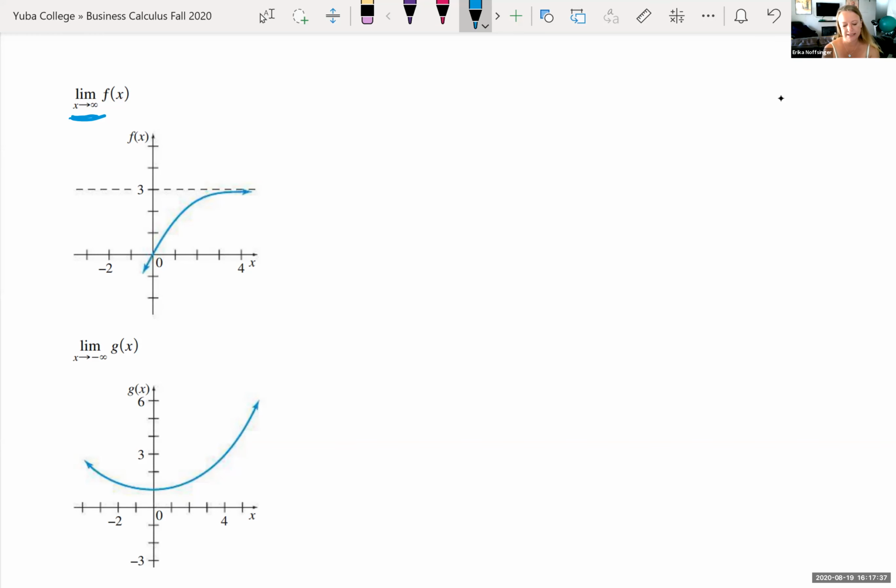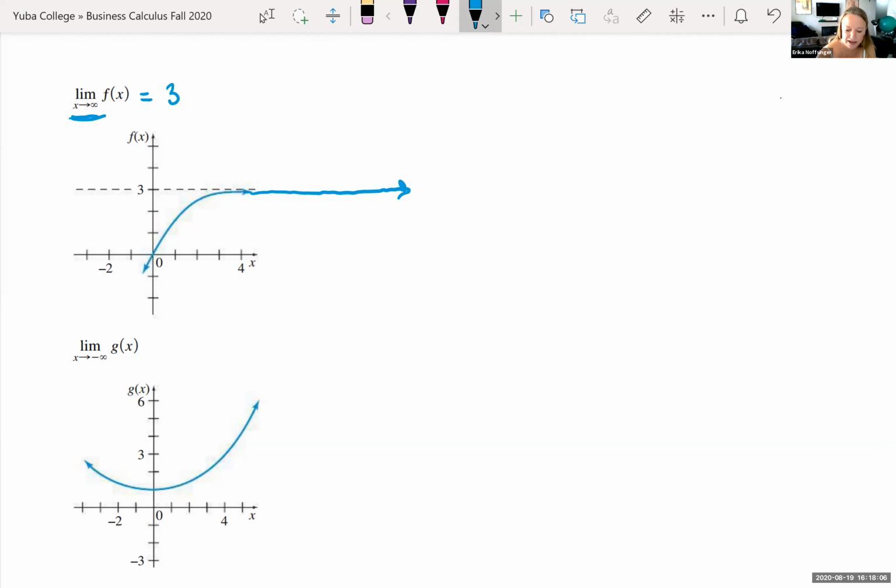What that means is when my graph is going to positive infinity, it is going to be hugging this line. It might cross it, but it's still always going to be hugging that line. So the limit as x goes to positive infinity, this y value is getting closer and closer to or equaling 3. So that limit is equal to 3.